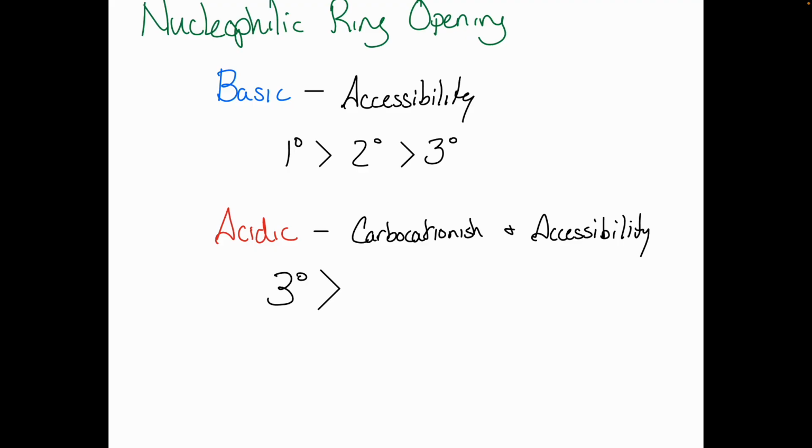All right, if it was anything else, then the accessibility argument would win. So that's why tertiary is preferred over primary, but primary is preferred over secondary under acidic conditions. Cool. All right, so now we're going to talk about the stereochemistry of these reactions.